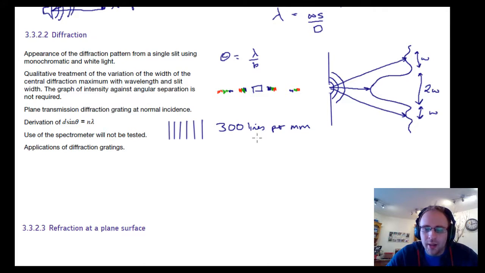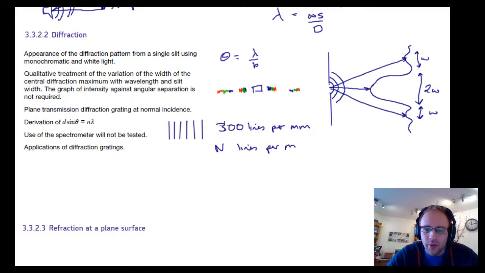it tells us how many lines there are per millimeter. Now that isn't very useful to us. What we really want, if we call this, well, let's call n lines per meter.